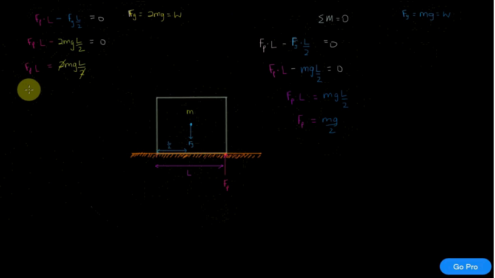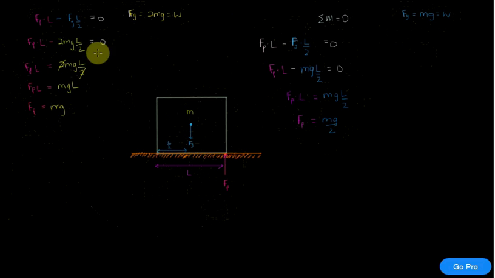So let me just write that out to make sure that there's no confusion. FPL is equal to mgL. So if I want to find out how much force I have to apply, divide through by L on both sides. So that's just going to leave me with the force that I have to apply is now equal to mg.